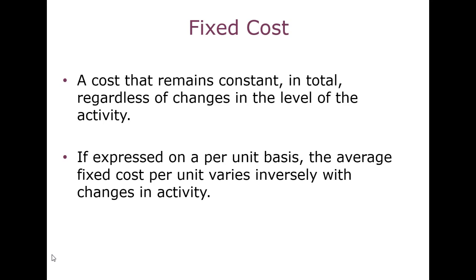So the total stays the same, but the fixed cost per unit will decrease when you produce more units, or will increase if you produce fewer units. So the per unit amount does vary with a fixed cost. I know that sounds strange, but it does. But the total amount of fixed cost always stays the same, no matter what level of activity.